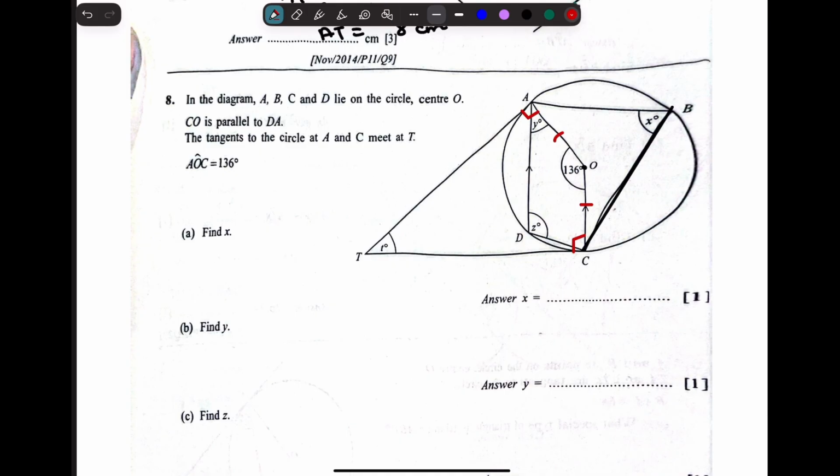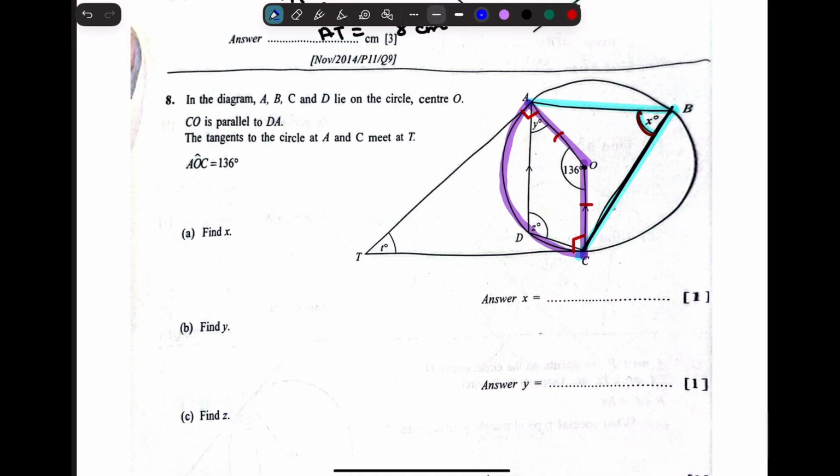Find X. So this is X. Let's look at the arc AC. The angle subtended by the arc at the center, which is 136, is twice the angle subtended by the arc at the circumference, which is X. So how can we find X?